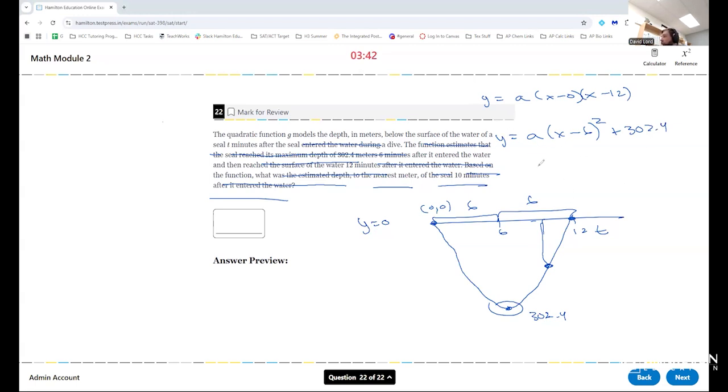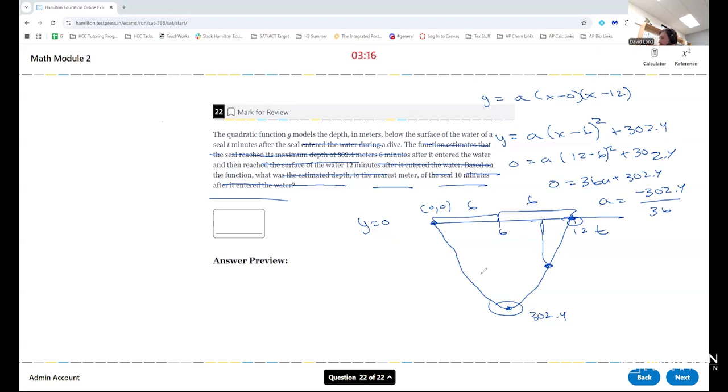Either of those will work. Let's say we plugged in 12, 0, and we got 0 is equal to a times 12 minus 6 squared plus 302.4. Then 0 is equal to 36a plus 302.4, and then a is equal to negative 302.4 divided by 36.